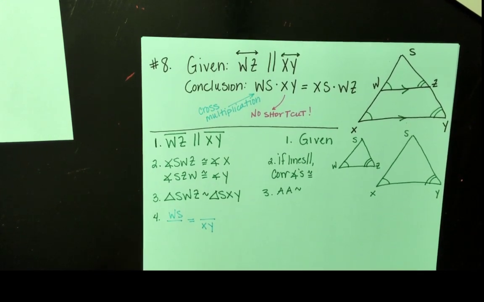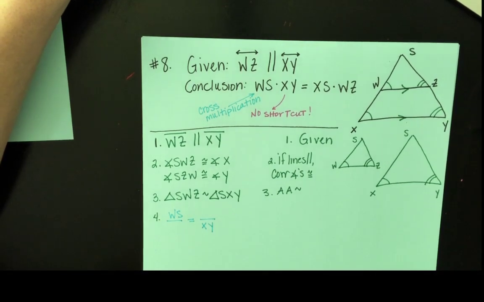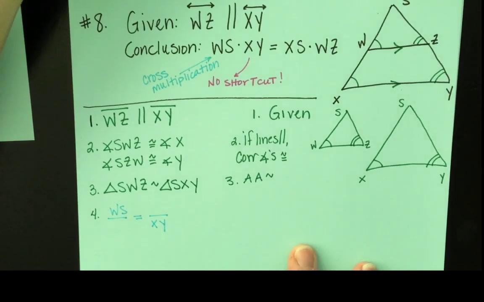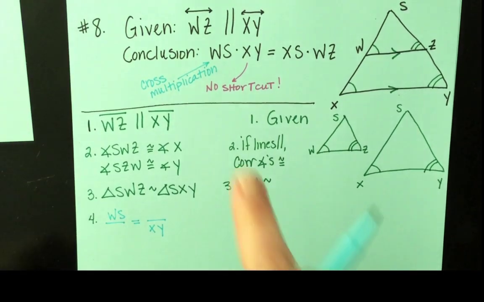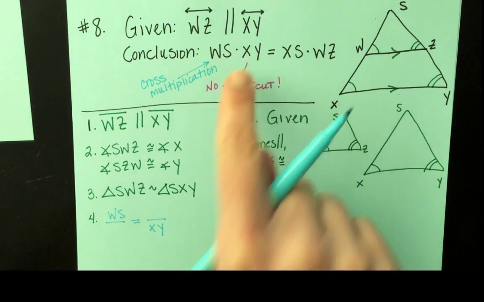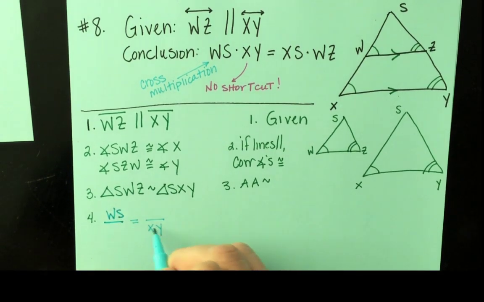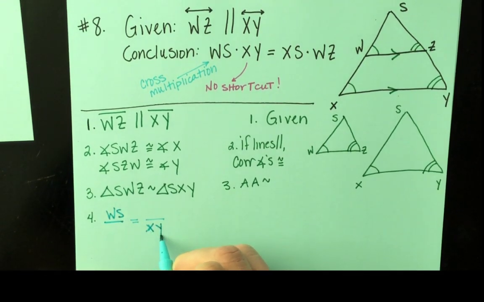So notice how I did that. I made sure, and I'll zoom in so that you can kind of see that happening. It told me WS was multiplied by XY. The only way that can happen is if they were opposite each other in a proportion.